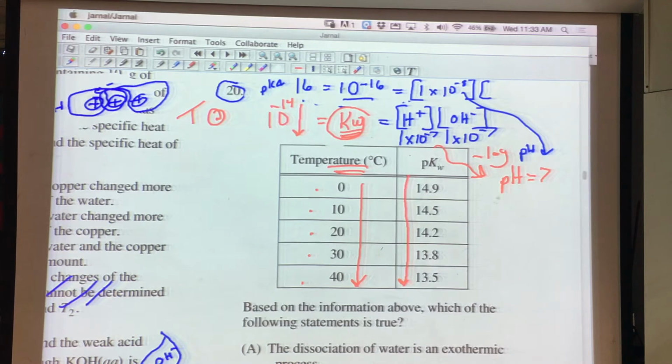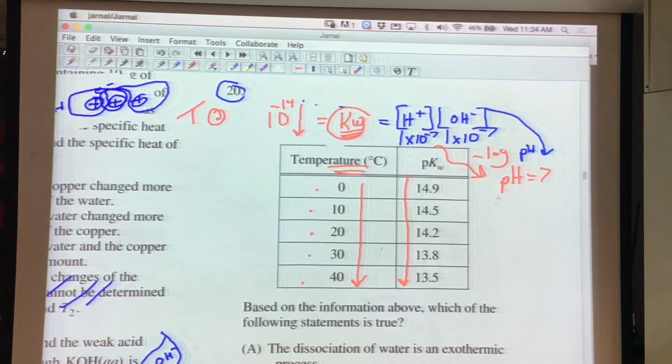No. Okay, so let's do it the other way. Now again, I'm just showing you what this means. If the pKw is going down, that must mean that my Kw is getting bigger, correct? Okay, so let's write it. Let's make our Kw 10 to the negative what? 12.